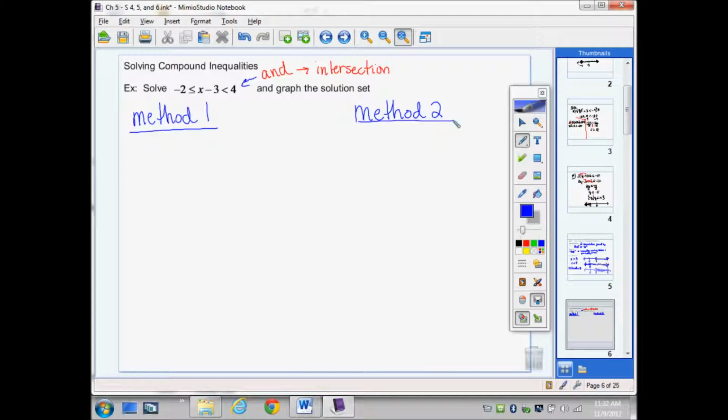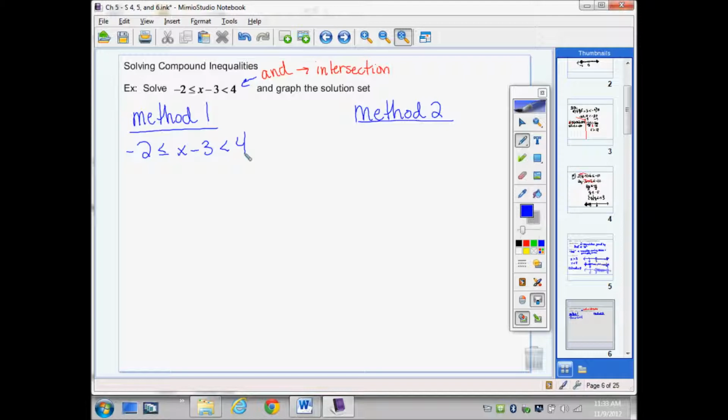Method 1 is to keep it in one sentence. Okay, and what you do is, you know, when you're solving a regular inequality or a regular equation and you say add 3 to both sides? Well, because this is a compound, we don't have just 2 sides, we have 3.